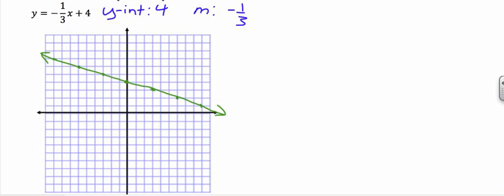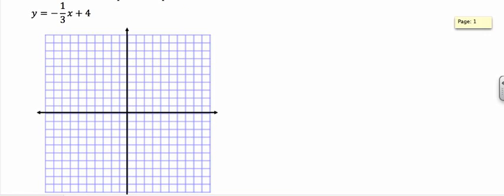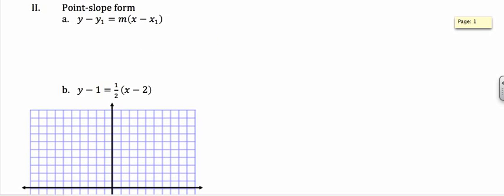We're going to look at a different form of equations today, and that would be point-slope form. Just like slope-intercept form gave you the slope and intercept of a line, point-slope form gives you a point on the line and the slope.